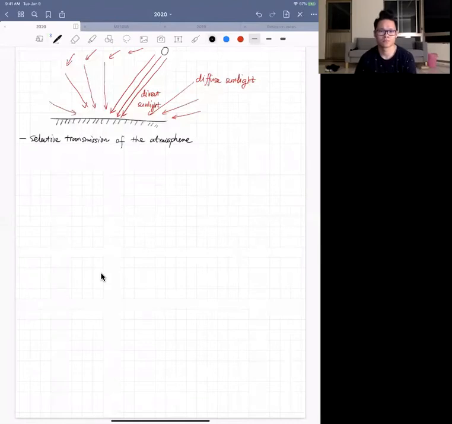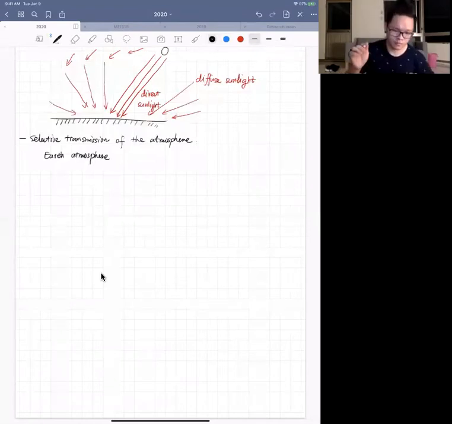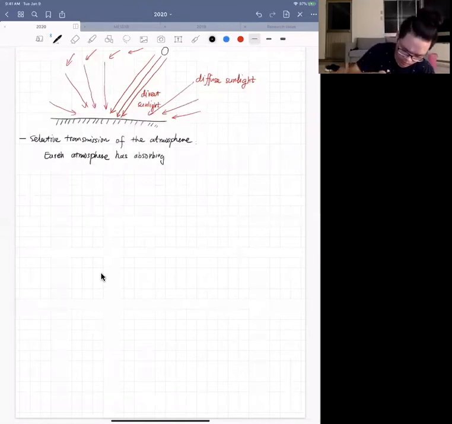Its transmission can be higher for a certain range of radiation. In short, the feature of the Earth's atmosphere is that it has absorbing gas for infrared wavelengths.